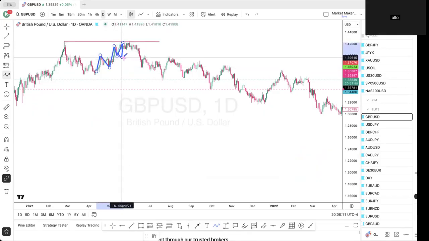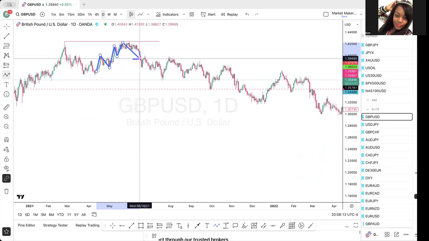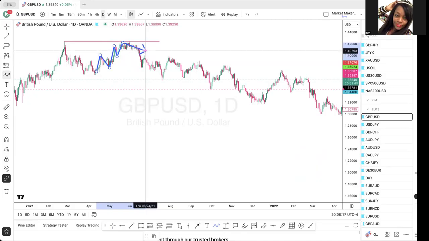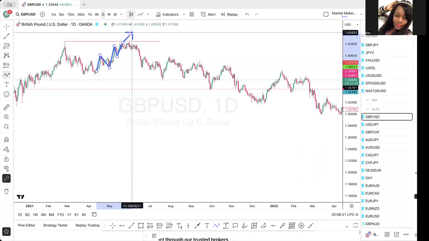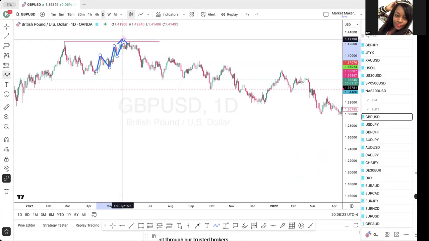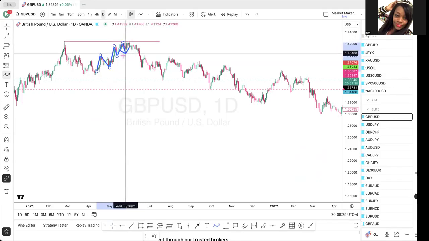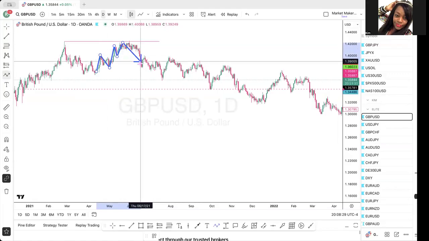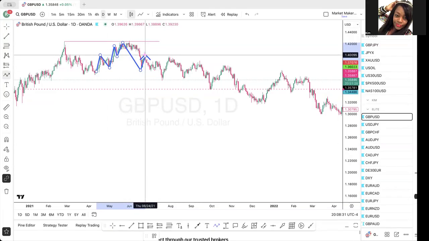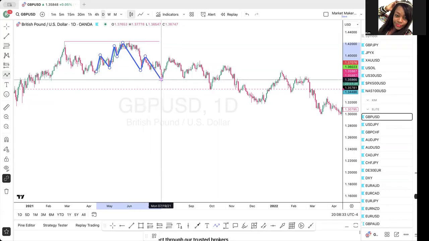Price broke this internal structure right here first. I would have expected it to pull back, but because I didn't get the break above, you just don't know what's gonna happen, right? But then price pulled back and broke structure again.